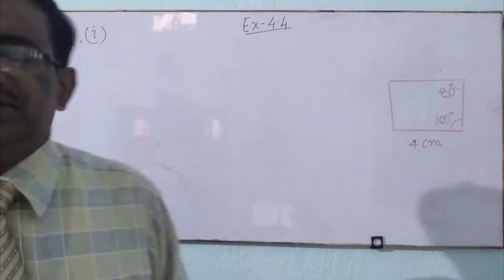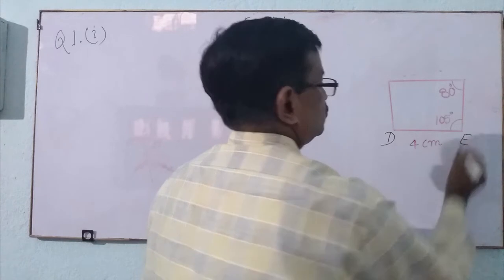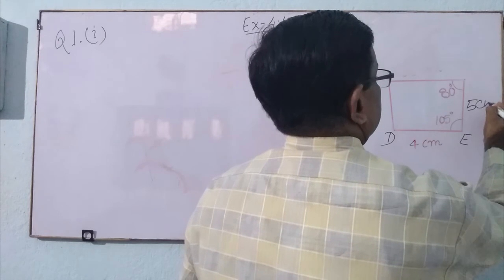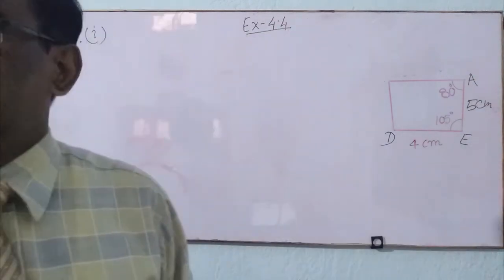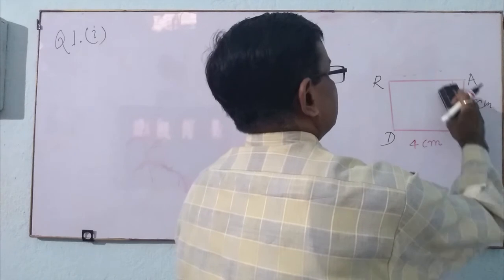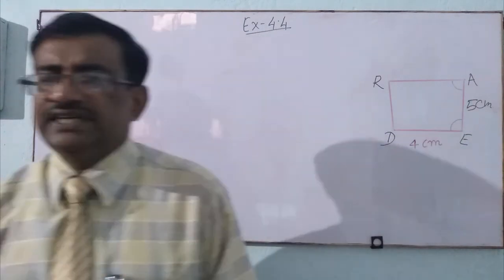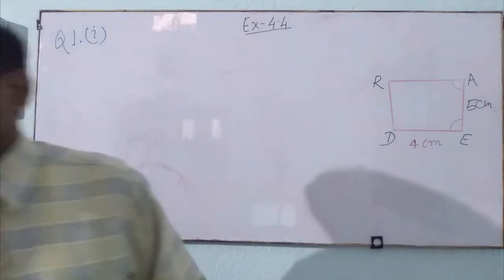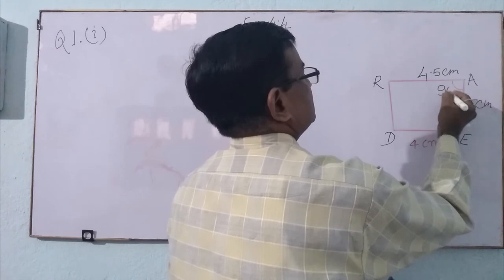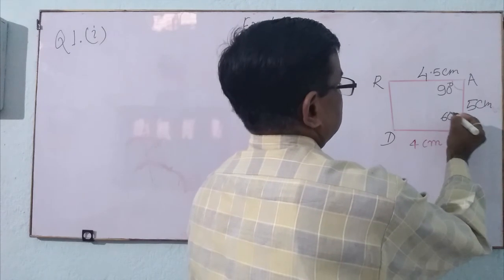Quadrilateral is DEAR. Here DE equal to 4 centimeter, EA equal to 5 centimeter, and here is the point R. The angles in between two sides are given: AR is 4.5 centimeter, this angle is 90 degree, and another angle that you have to construct is 60 degree.